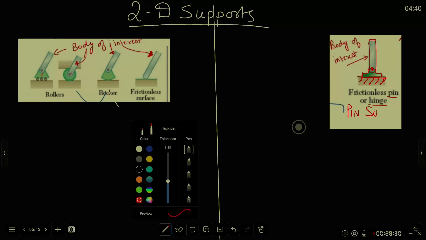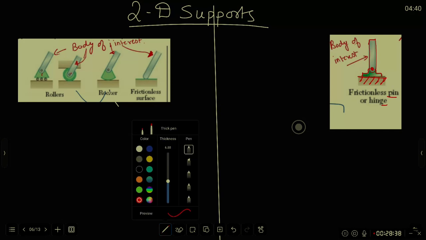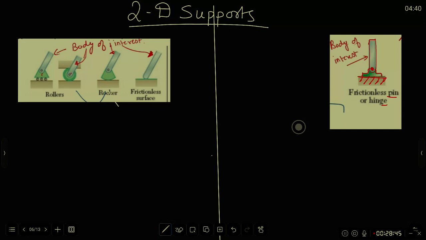Now this is a 2D support. It's behaving like a 2D support because the two conditions are being fulfilled. We know that all forces, applied force systems, are in the plane of the screen, and the body of interest, which is this, is having planar motion.